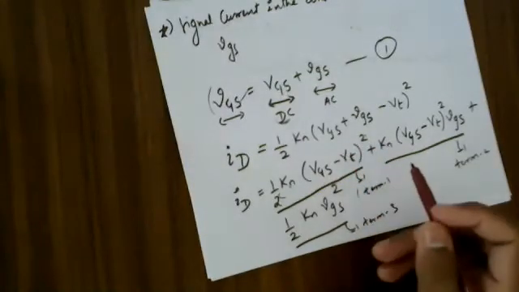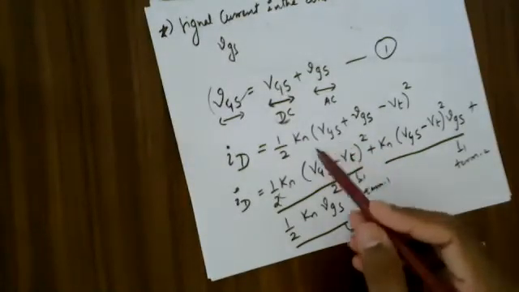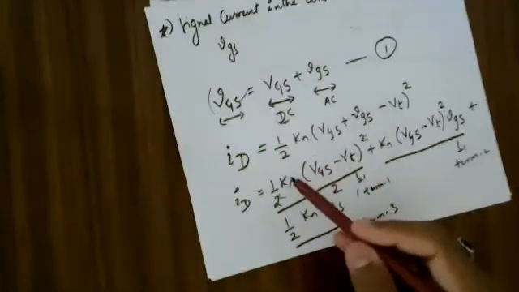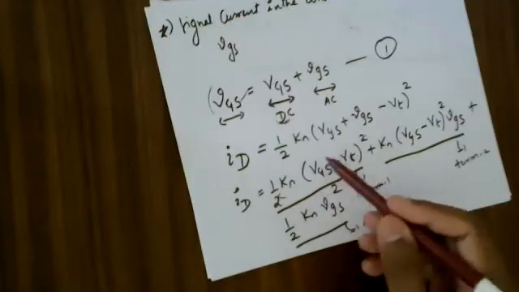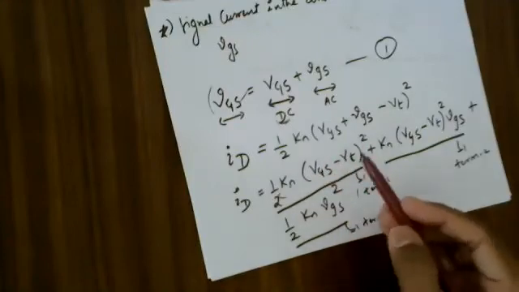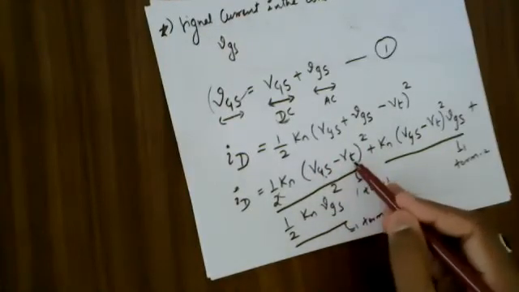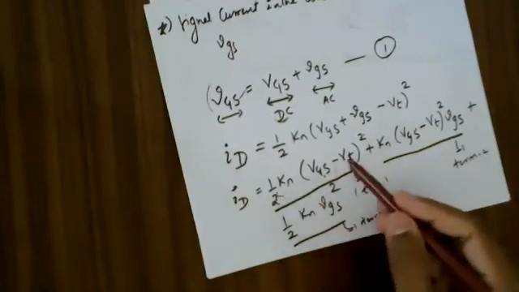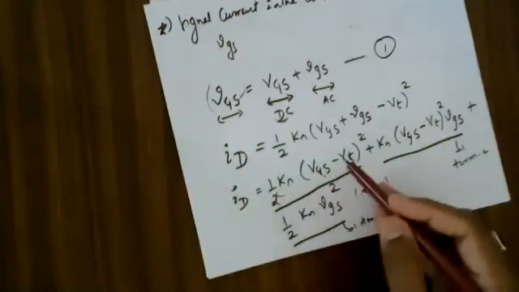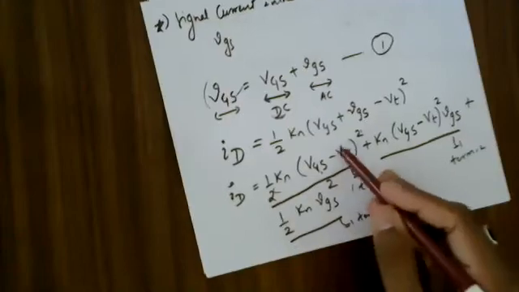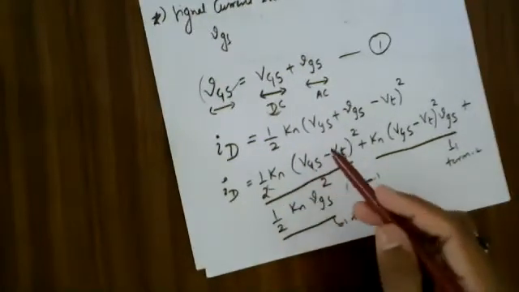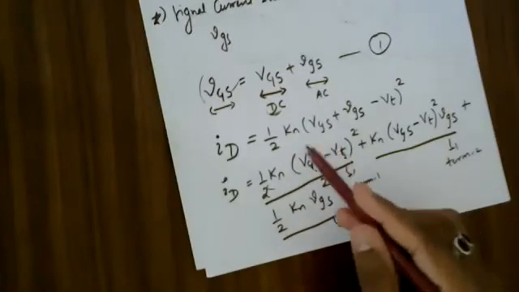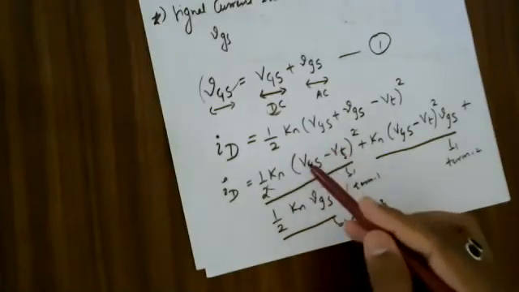Very good, Archana. So this is indicating my ID, more specifically my DC component. Capital VGS and capital VT indicate this term is related to a DC component. Since this is a drain current, this is the DC drain current.